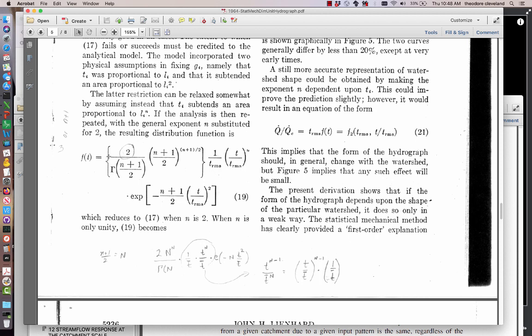But the key thing is he provides us a path to what the mathematical functional forms of unit hydrographs should look like. And what I find the key thing is these are probability distributions, hence the unit hydrograph shares the same features that a probability distribution does.